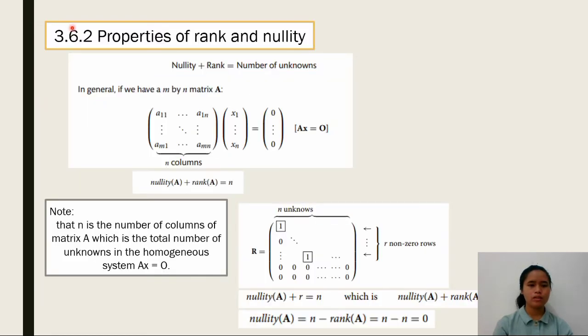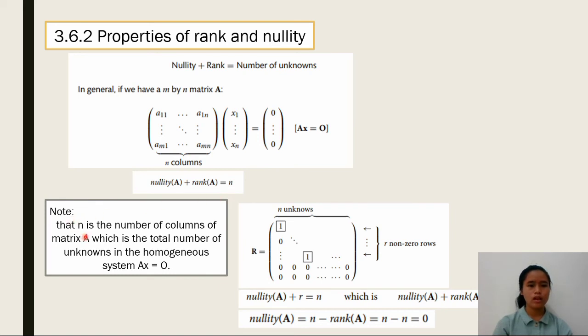Okay, 3.6.2 properties of rank and nullity. Nullity plus rank equal the number of unknowns. So this is the columns. So we have nullity A plus rank A equal n.